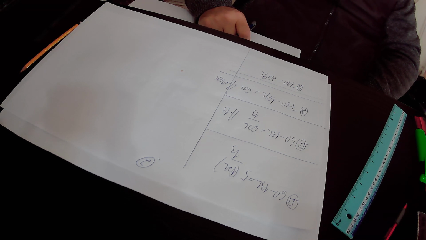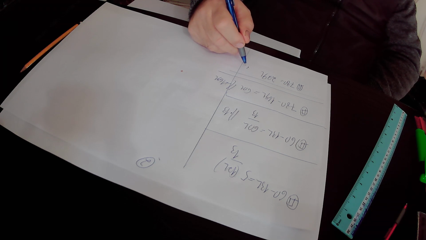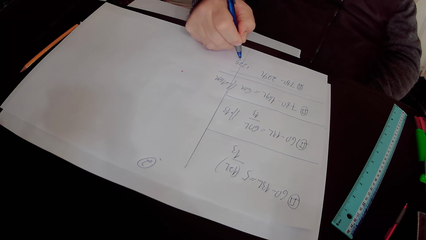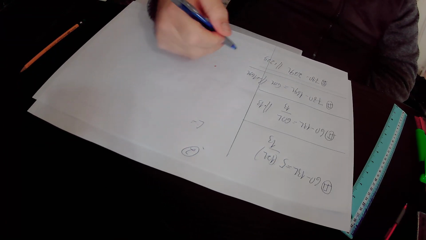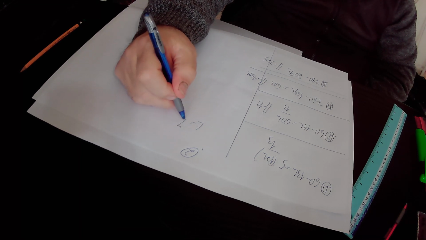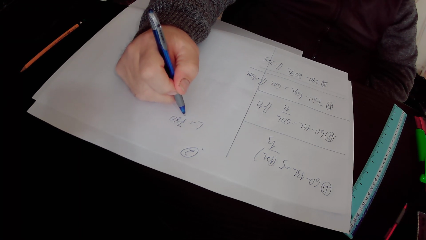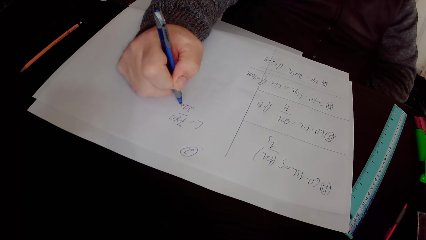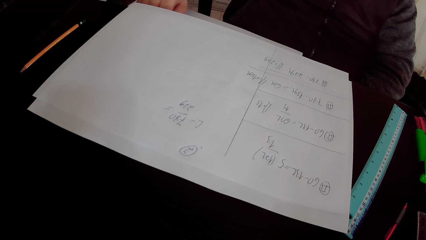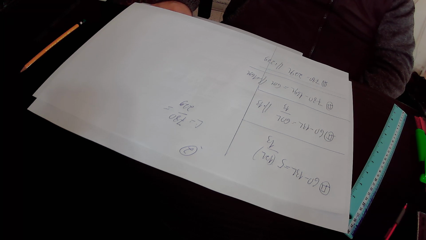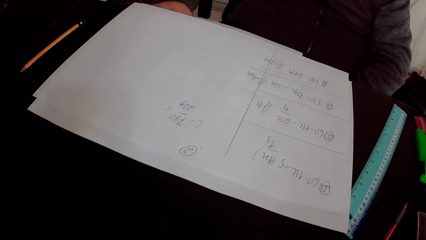So if I know that 780 equals 229L, here we divide equation 2 by 229, and finally we get that L equals 780 over 229.